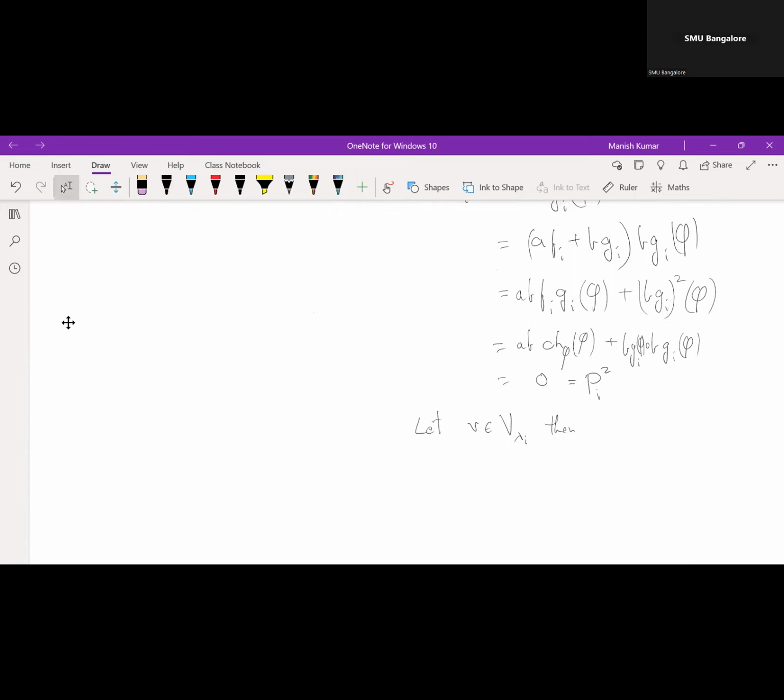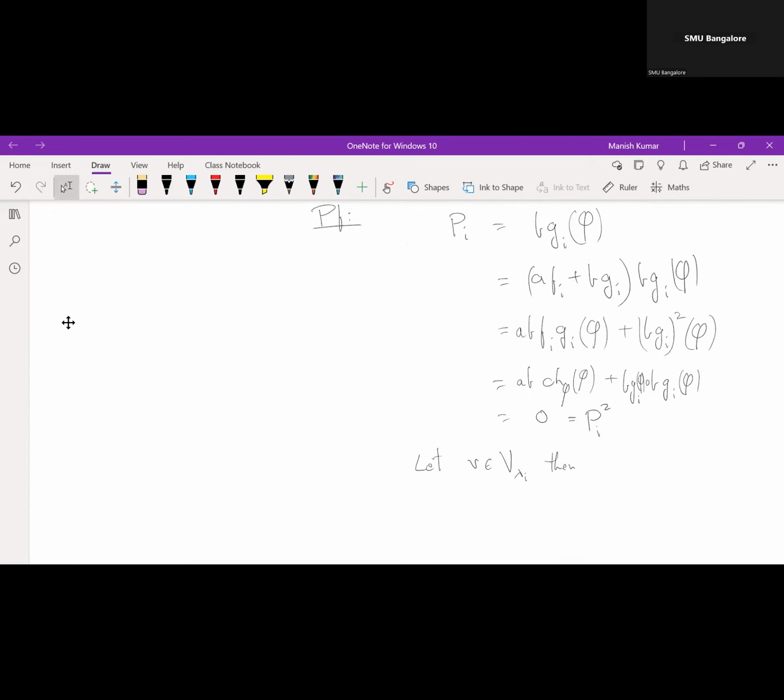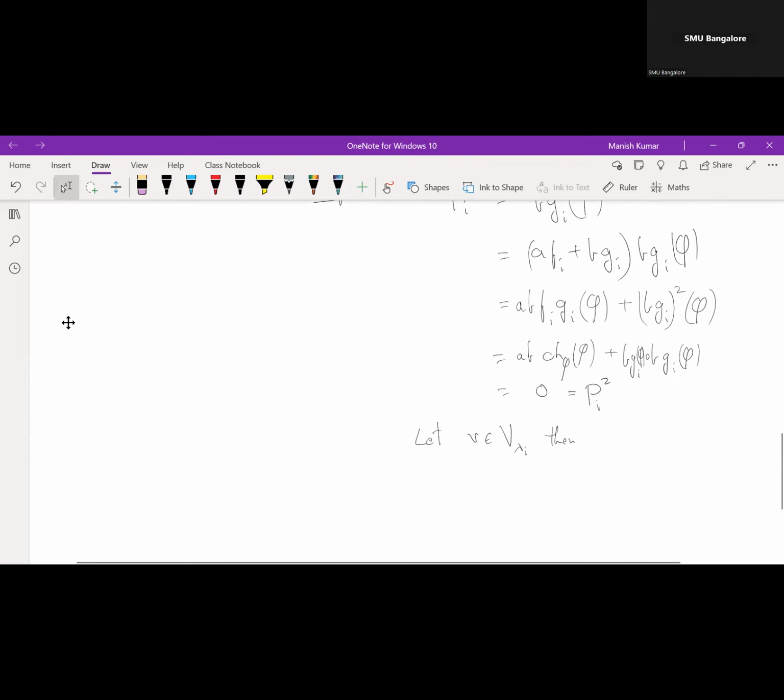So what do we have to show? I have to show it is in the image of pi. Of course I can always write v as A Fi plus BGI evaluated at phi.